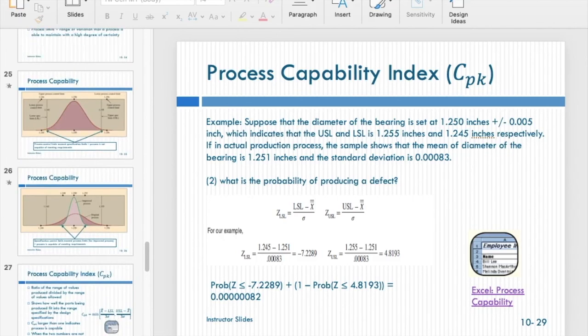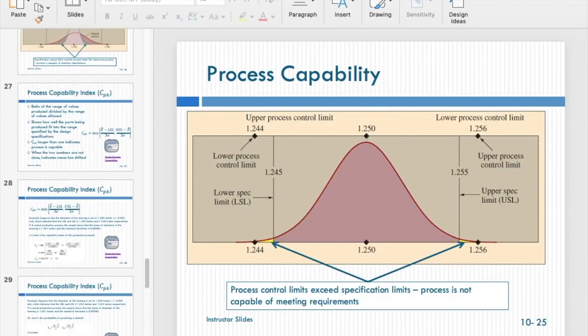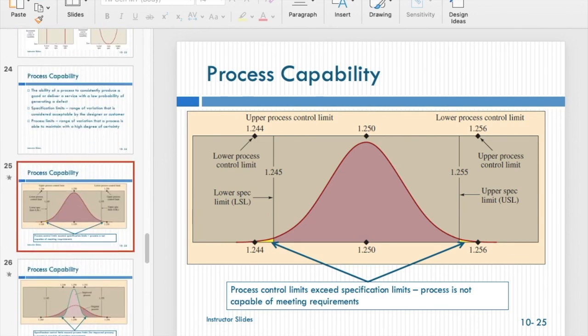All right. So let's say we are trying to get the probability of having defective products, right? And if you look at this whole curve, okay, if the specification limit is like this, ignore the specific number here, because the number is different.